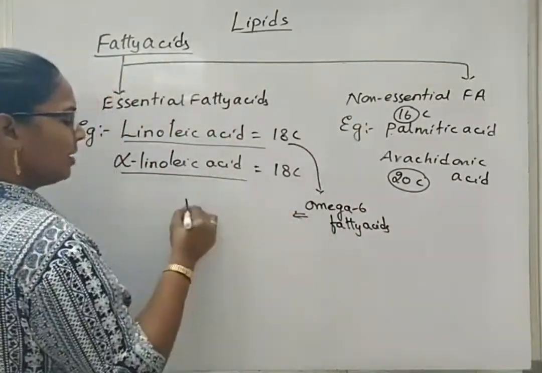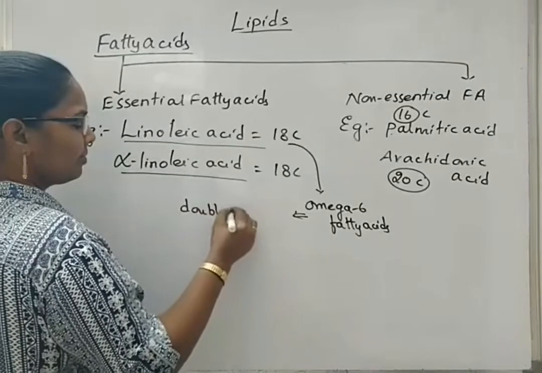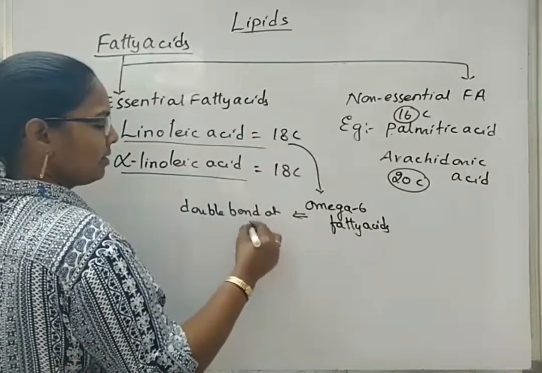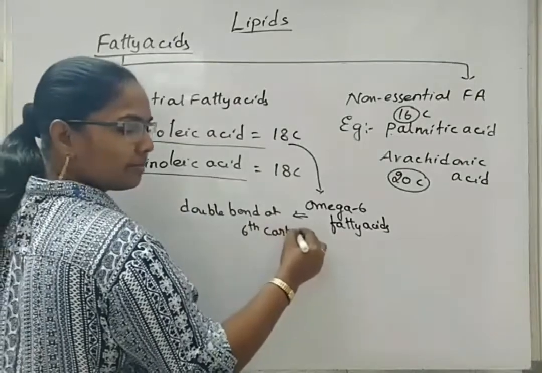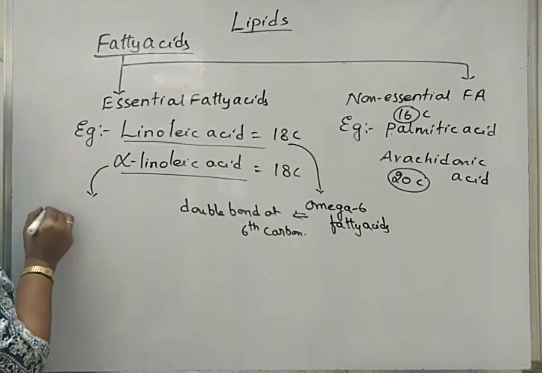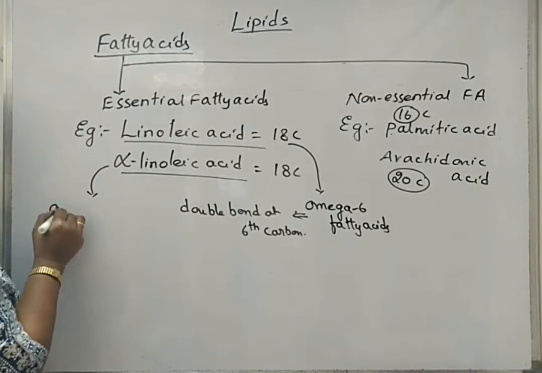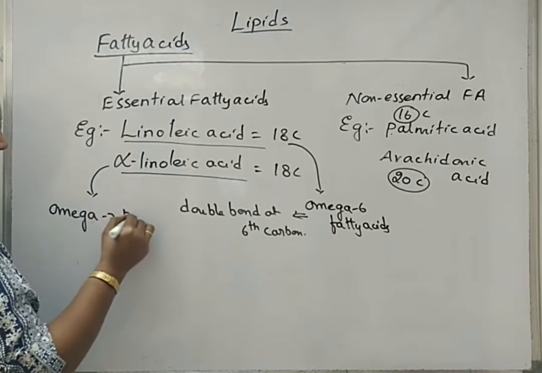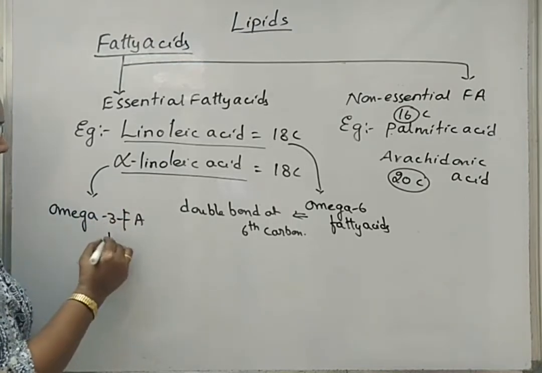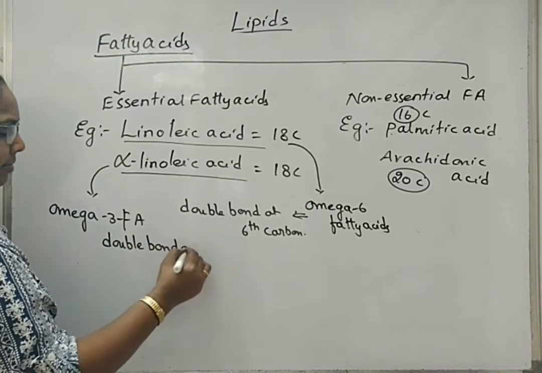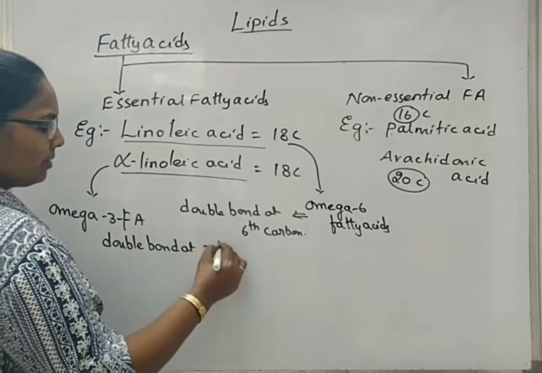Next, alpha linoleic acid is also called an omega-3 fatty acid. It means it has a double bond at the 3rd carbon.